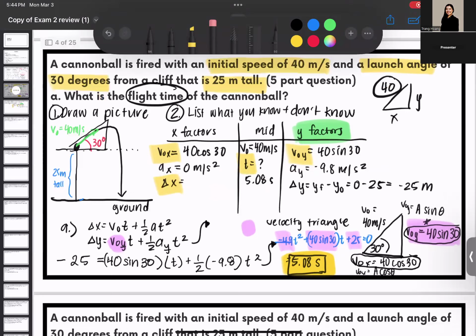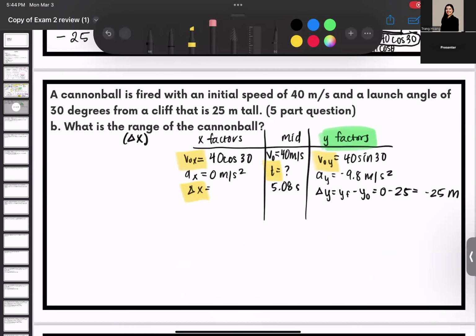I hope you're going to see it right here. The next thing they ask is what's the range of the cannonball? A good equation to solve for that, which I think you've seen in the previous chapters for kinematics, is change in X is equal to VT. We're just going to adapt it to fit our needs: Vx times t. What did we talk about earlier?